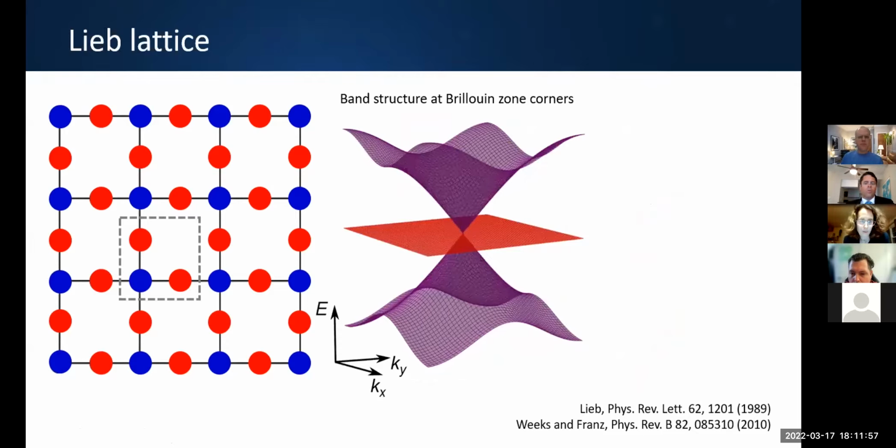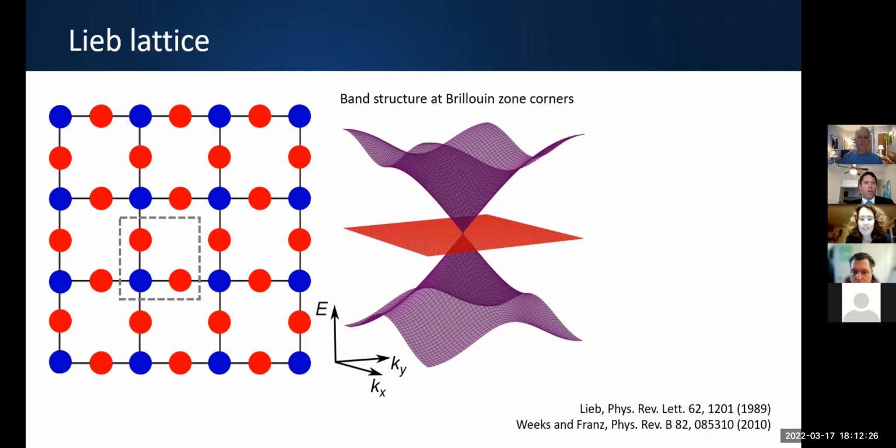So why do we think this is interesting? If we look into the band structure again, I don't know how familiar you are with these kinds of things, but the purple looks a bit like graphene. The red part is a flat band, and flat bands are extremely important. It basically means that the electrons have no kinetic energy, but that they can interact very well.